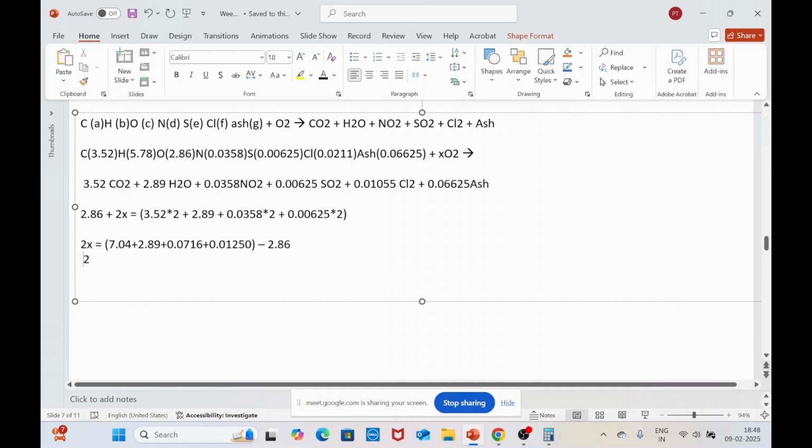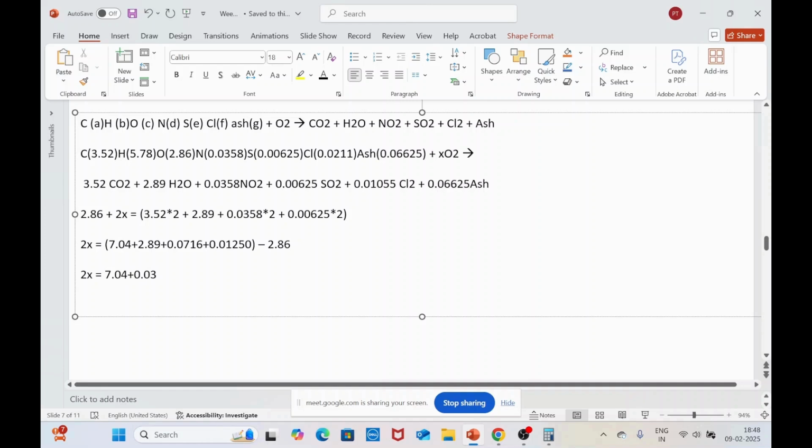So 2x will be equal to 2.89 minus 2.86, which is 0.03. I'm just subtracting in my mind, I'm not going to use the calculator.